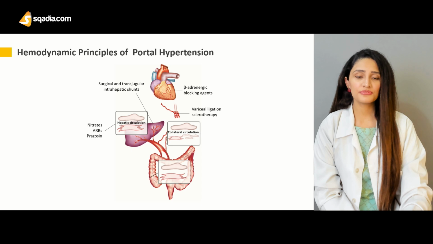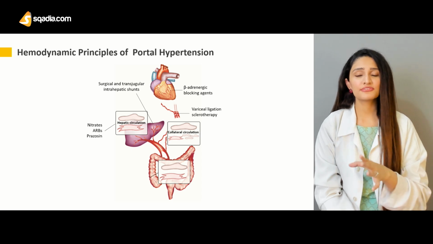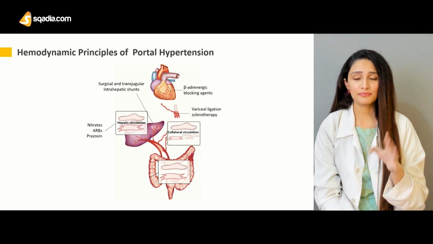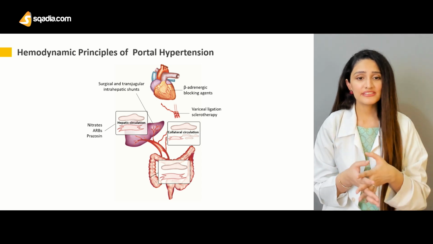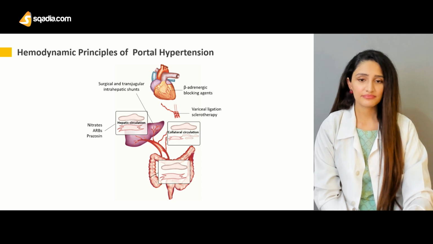And to control the vasoconstriction happening within the hepatic circulation, we can give nitrates, ARBs, and prazosin.